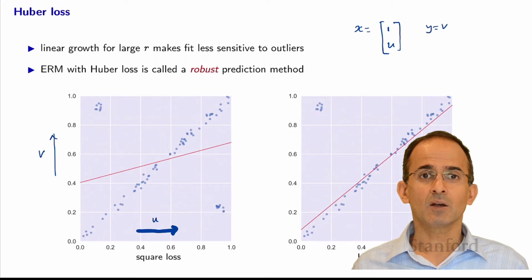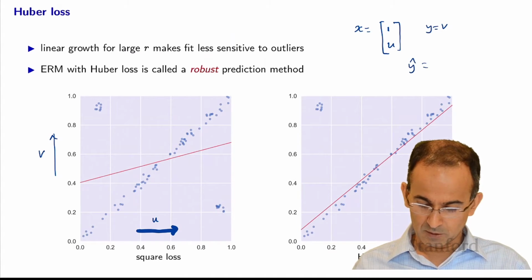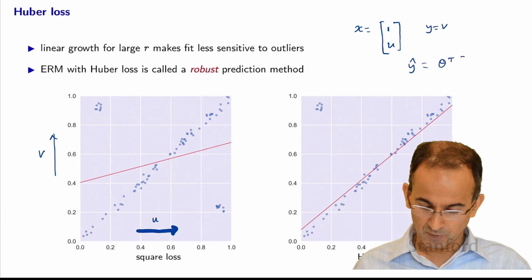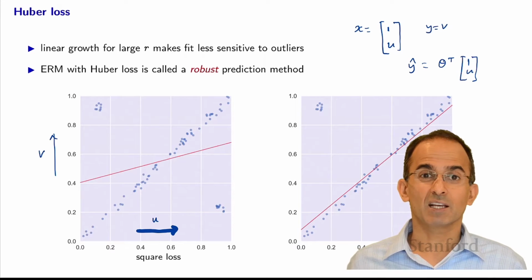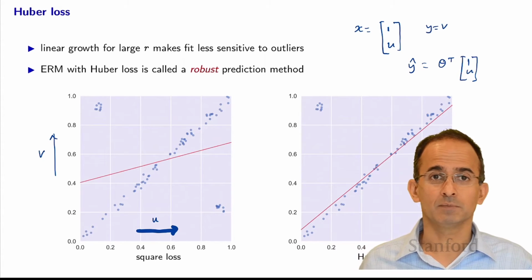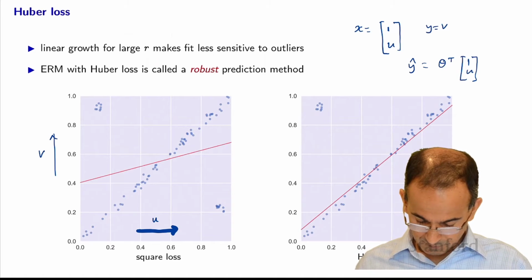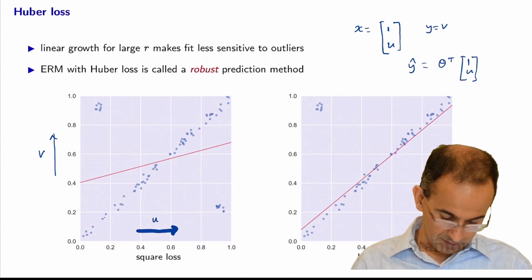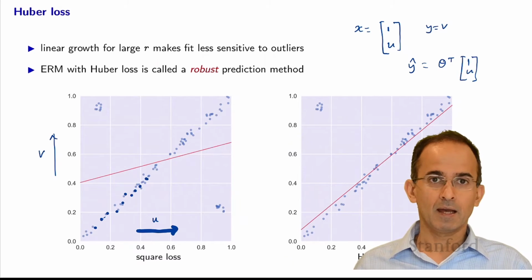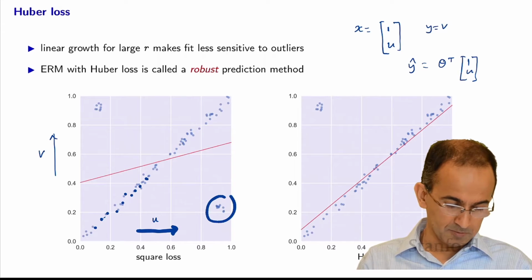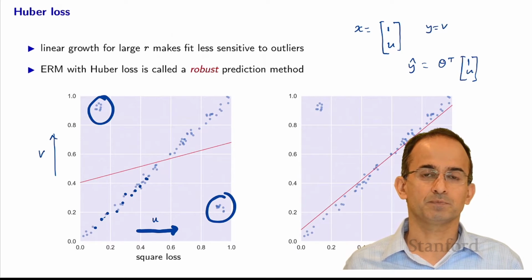So we're going to use a linear predictor here. So we're going to use y hat is equal to theta transpose (1, u). And we're fitting a straight line to a bunch of data. We have a whole bunch of data points sitting in the middle here. And then we have out here and out here some data points that are outliers.